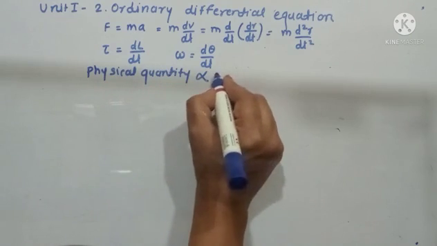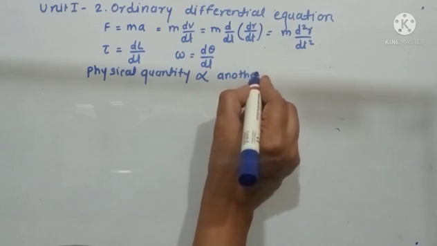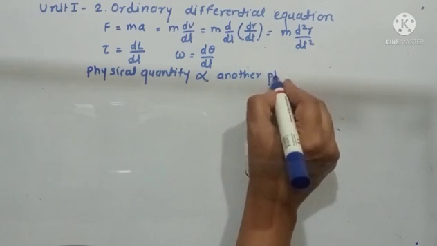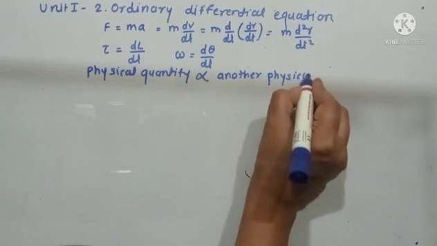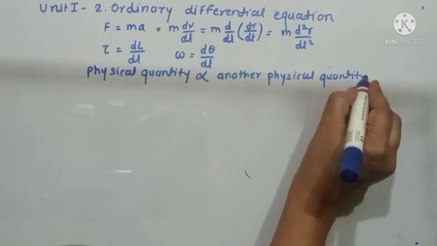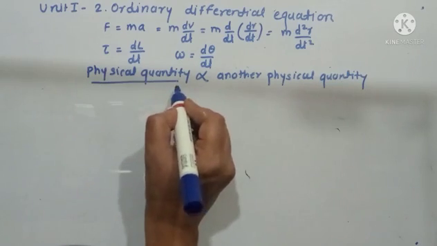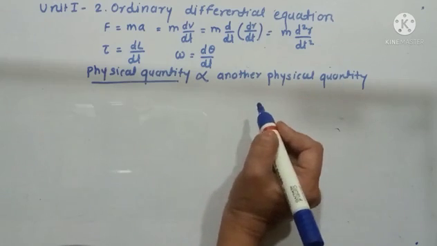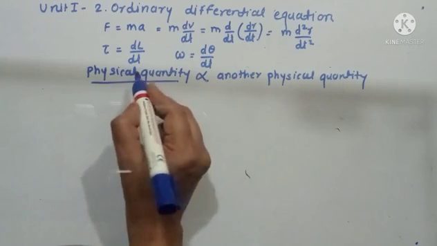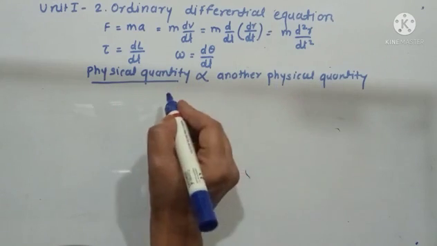which is a function of something, another physical quantity, what is meant by function of? This one physical quantity depends on another physical quantity. This is called one physical quantity being a function of another physical quantity.